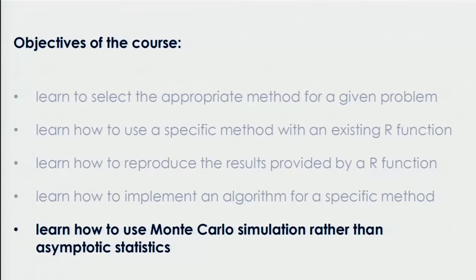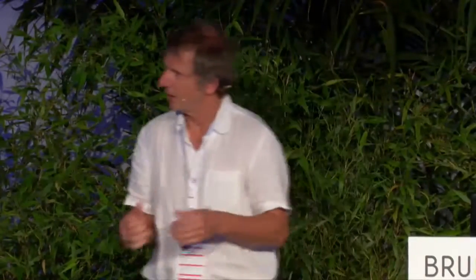Okay. Just the last point I want to mention is to teach students, because when you want to study the statistical property of an estimator, for example, or of a statistical test, I think that now we should really intensively use Monte Carlo simulation rather than pure asymptotic statistics, which is very nice and very useful.